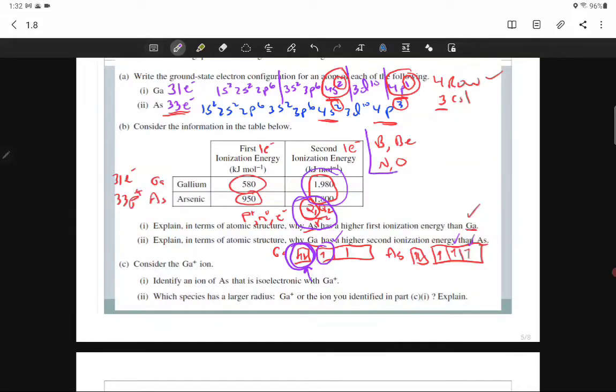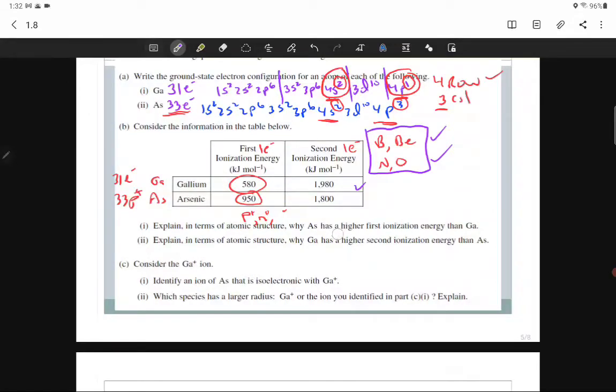So AP knows that all the AP teachers talk about boron and beryllium and nitrogen and oxygen, but they threw this new one at us here, this gallium and arsenic. So they're always going to try to give you a little bit of a different angle here for these questions. I'm going to try to erase some of these things here because we're not going to have enough room to do part C here.